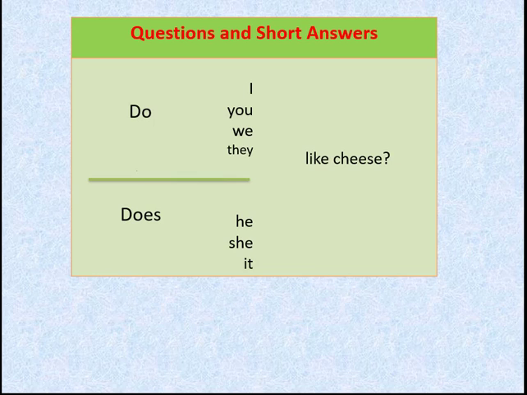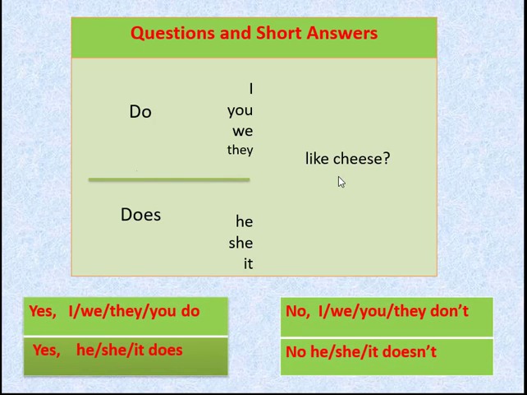Does he like cheese? Does she like cheese? Does it like cheese? So we use do if the verb is without s, meaning with I, you, we, they.